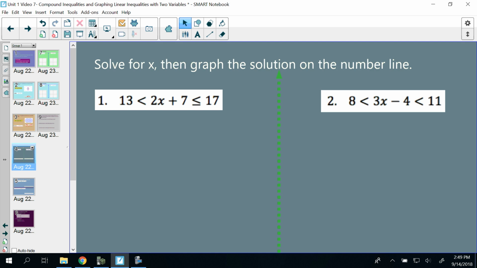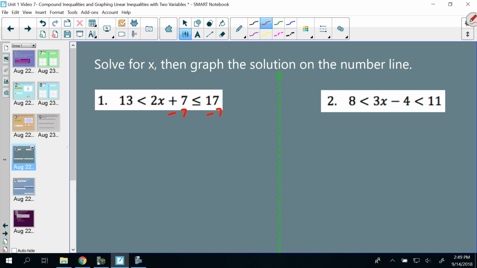So solving these ones, what you want to do is get the middle, in between these two inequalities, to be just x instead of having 2x plus 7 or whatever's in there. So do like you would normally do solving. Here we would start by subtracting 7.